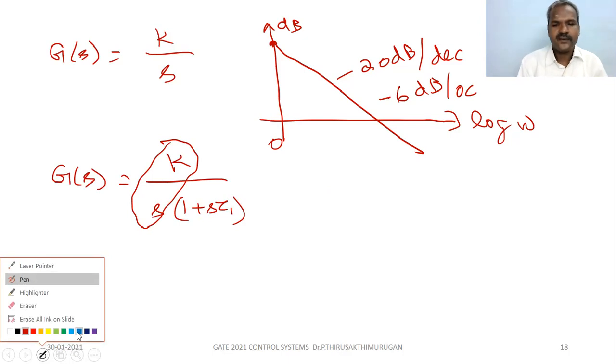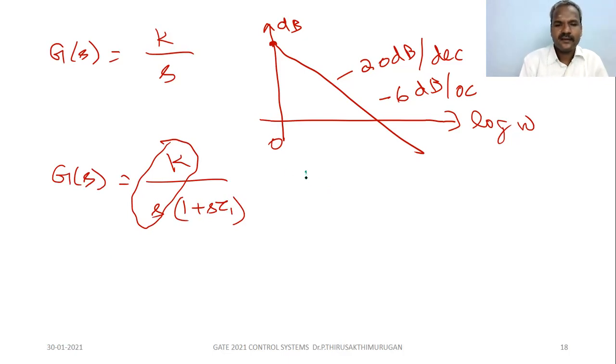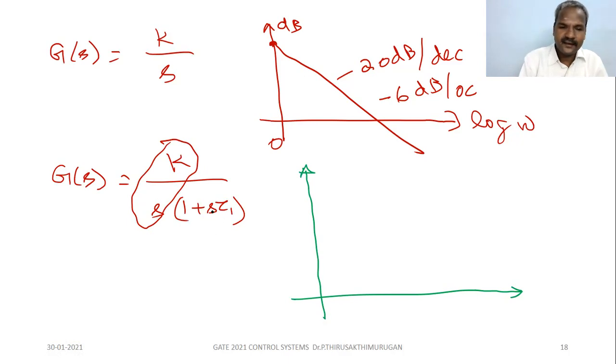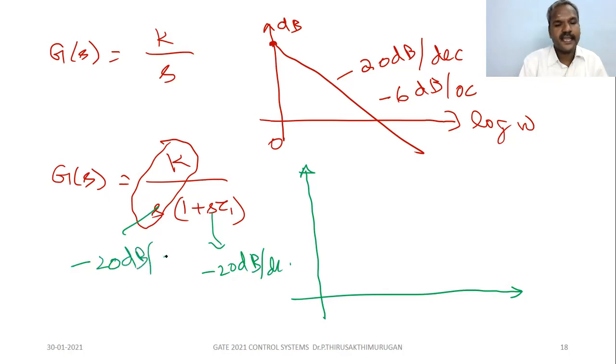The initial factor is minus 20. Then this factor contributes minus 20 dB per decade slope. This also is minus 20 dB per decade. One integrator is there, minus 20 dB per decade.